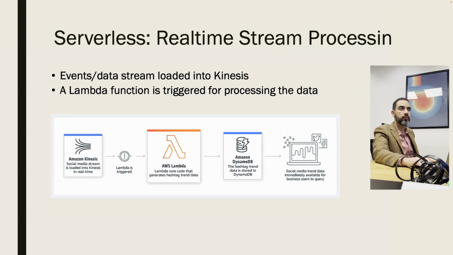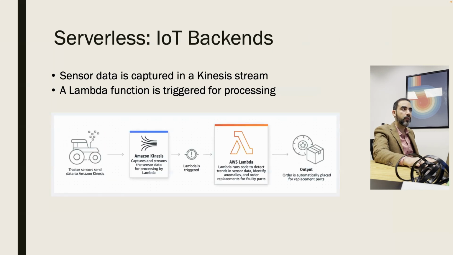That Lambda can be used to process the stream data. Similar architecture for IoT backends, right? The devices can send the sensor data into a Kinesis stream. From there, you can run Lambda and do whatever processing you need to.